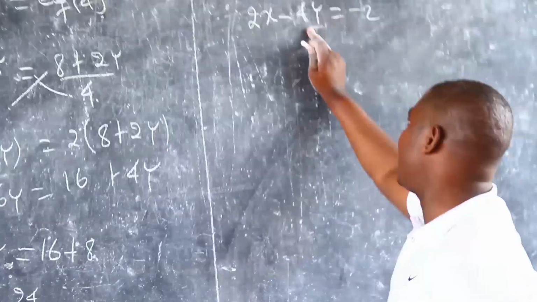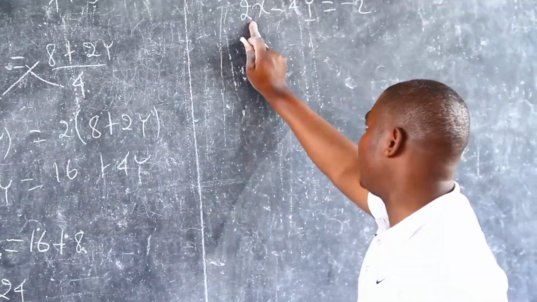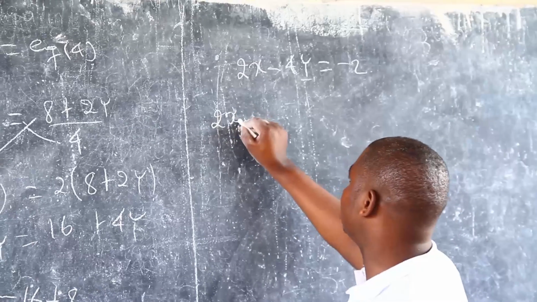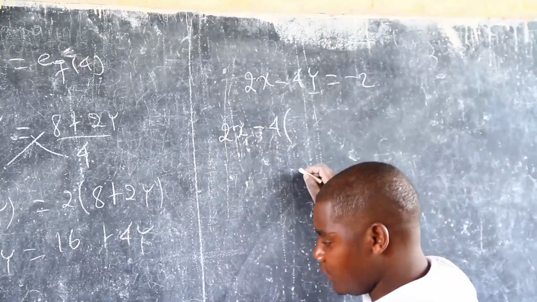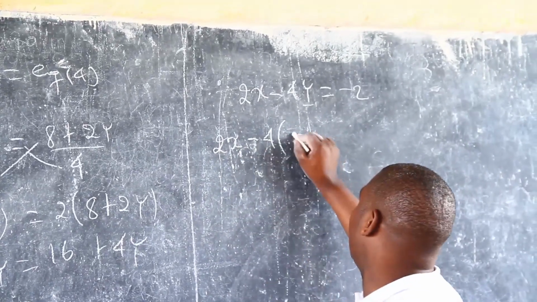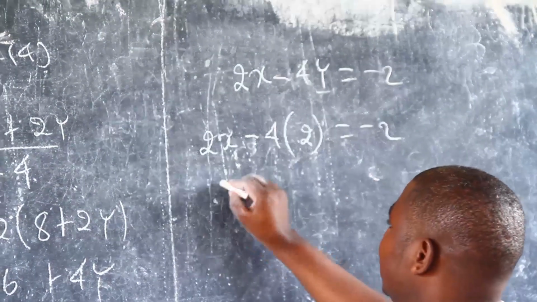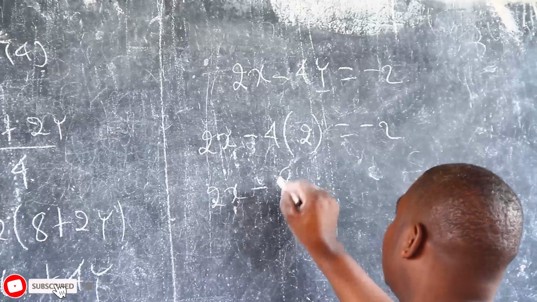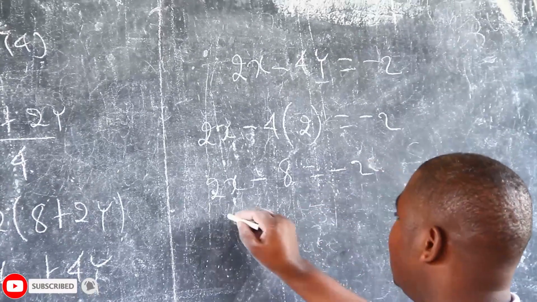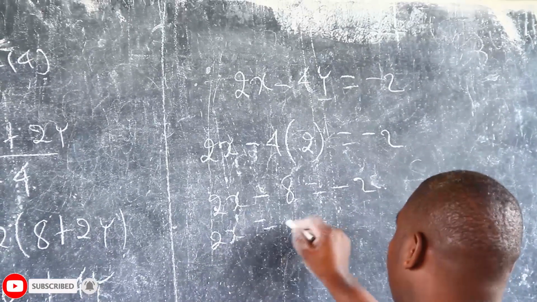I have the value of y, I'm going to find the value of x. 2x minus 4 times the value of y, 2, I find negative 8. Then 2x minus 8 equals negative 2.